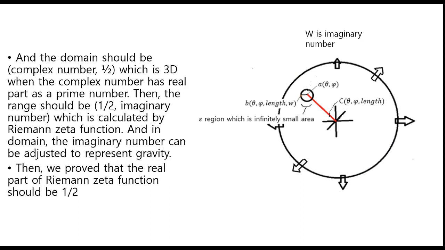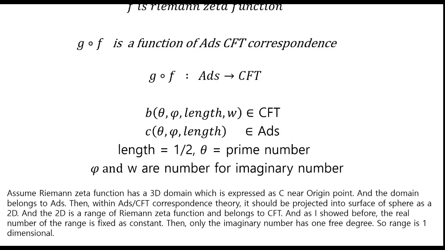And the domain should be the complex number 1/2, which is the 3D, when the complex number has a real part as a prime number, then the range should be half imaginary number, which is calculated by the Riemann zeta function, and in the domain, the imaginary number can be adjusted to represent gravity. Then we proved that the real part of the Riemann zeta function should be half.